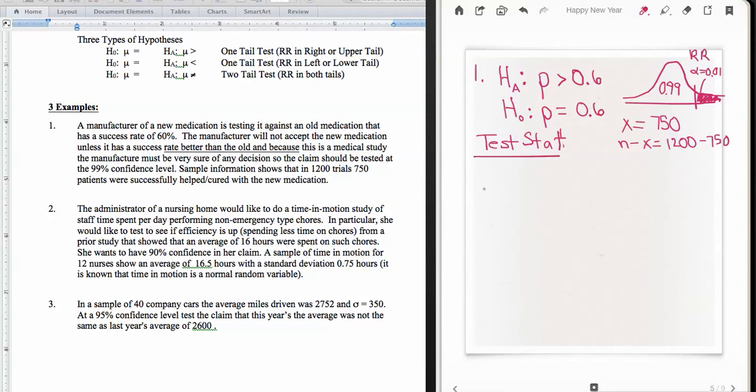So our test statistic is going to be a z because p hats are distributed normally, and we're going to take our p hat, which is 750 divided by 1,200. So let me do that division, and I get 62.5%.